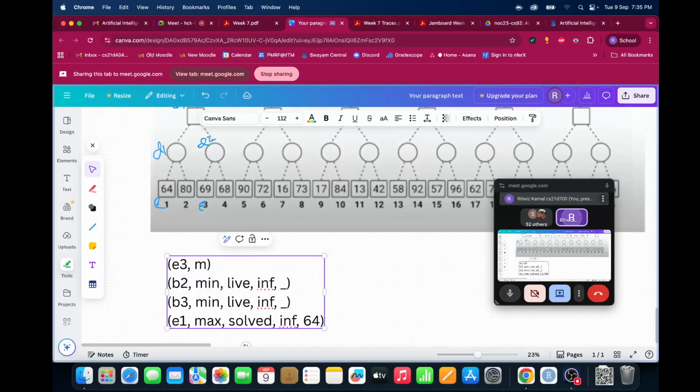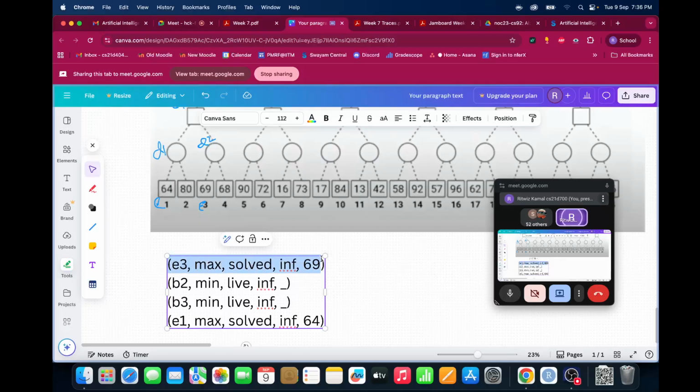E3, which is a max node, currently live, bound is infinity, value unknown. We know E3 returns a value of 69, so let's add that. We call it solved, and it will be pushed to the end of the queue.